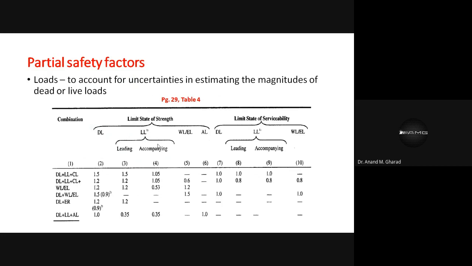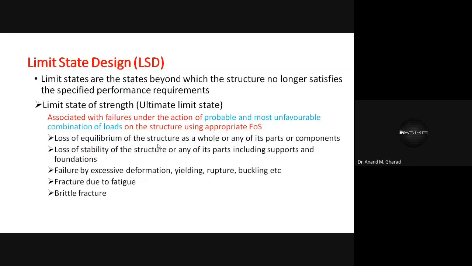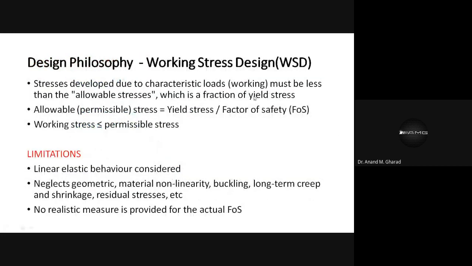Okay. Now see, in the working stress method, you have witnessed only one factor of safety. Just correct me if I'm wrong. And what is that factor of safety? The factor of safety is nothing but the yield stress divided by the permissible stress.